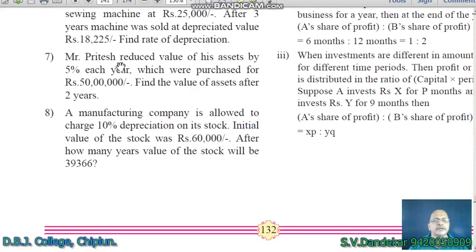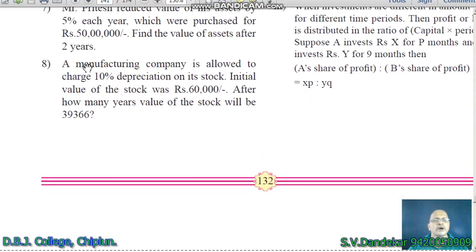Question number 7. Mr. Pritesh reduced the value of his assets by 5% each year, which were purchased for rupees 50 lakhs. Find the value of assets after 2 years. So here R is known, V is known, n is known. You want value after 2 years. Easily can be calculated. A manufacturing company is allowed to charge 10% depreciation on its stock.